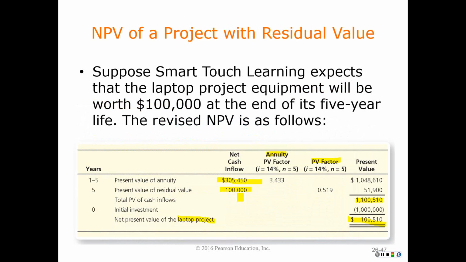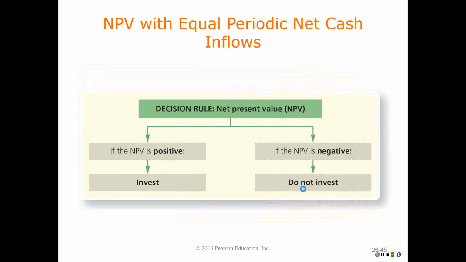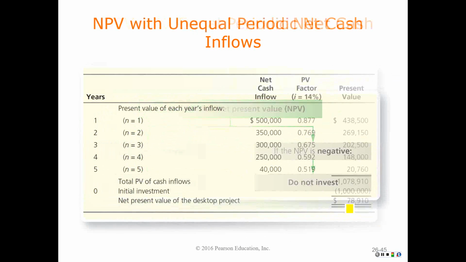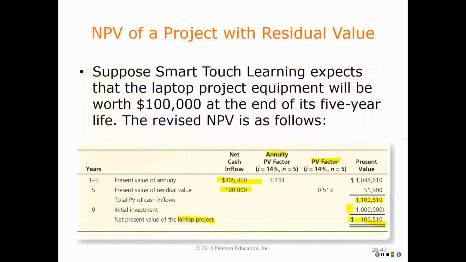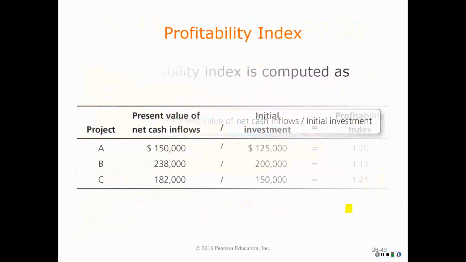And if we back up, we can see that without the residual value, the desktop was indeed the most valuable of our investments, 78 or 79,000 compared to the 48. And so the net present value and the profitability index showed the same results because we have similar assumptions in each of those situations.